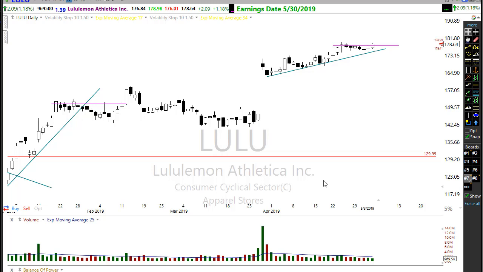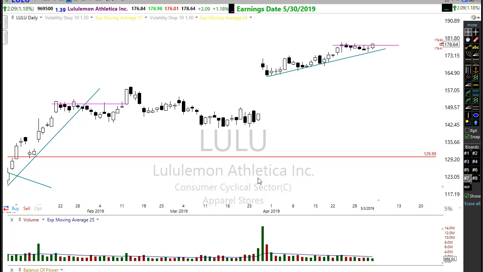Lulu made this big gap on earnings. We don't want to chase that move. I know everyone wants to have, man, if I could have just owned that, right? But here again, we all know that earnings event could have been completely different.